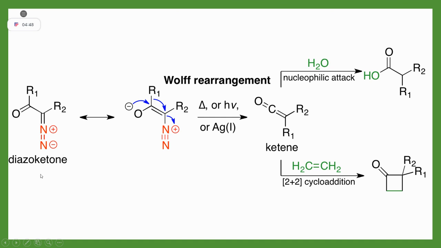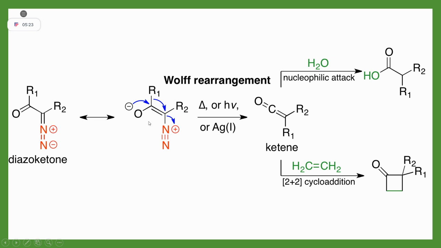Basically, your starting material is an alpha diazoketone. If you write the resonating structure of this alpha diazoketone, the negative charge will go there and it will form this species, right? Now, when the negative charge of oxygen comes back, this R1 will leave as R1 negative, and here it will leave a positive charge, and that negative and positive will form a ketene.